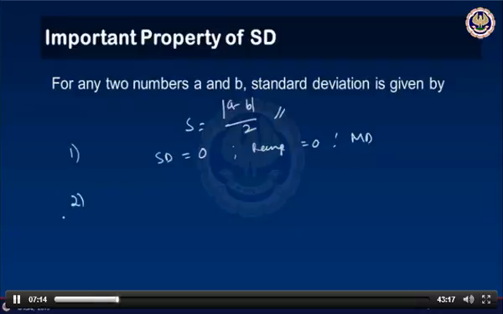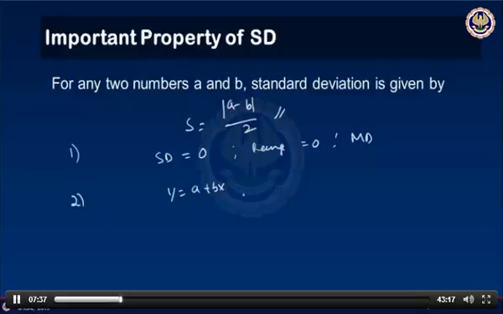SD remains unaffected by change of origin, but is affected in the same ratio by change of scale. Suppose two variables x and y are related by y equal to a plus bx, where a and b are two constants.